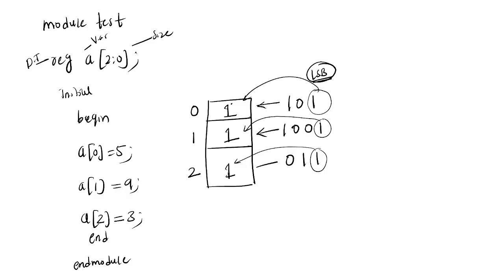Suppose I want to store 2 bits. Module test, reg 1 down to 0, a 1 down to 0.